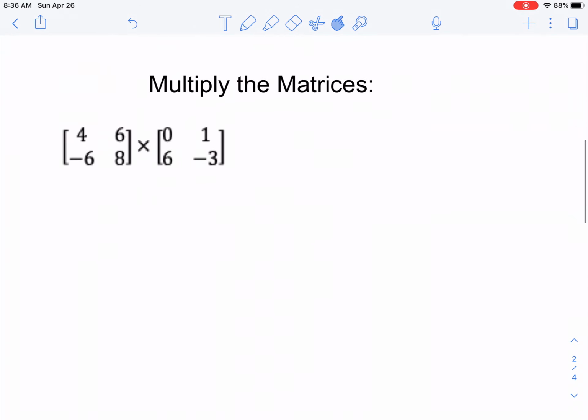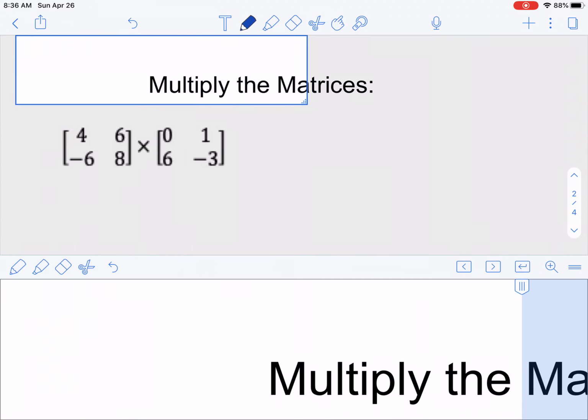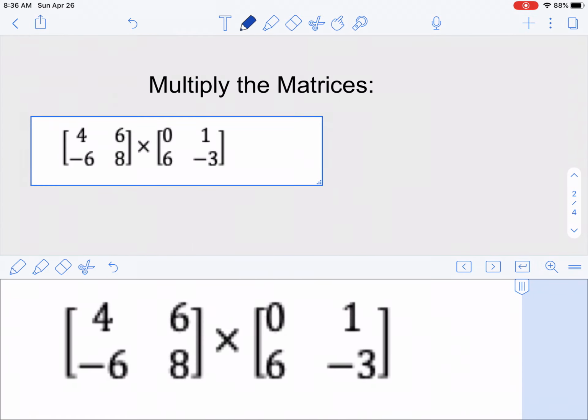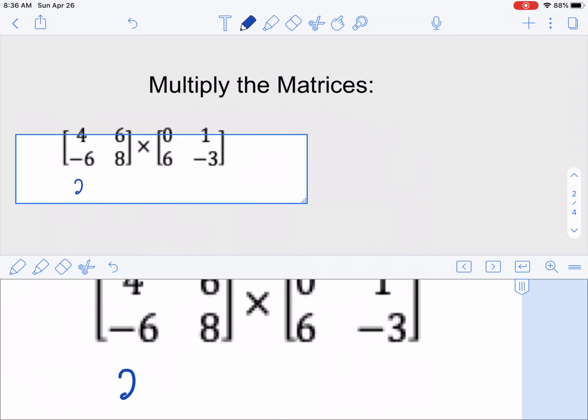Let's just take a 2 by 2 times a 2 by 2, just like we were talking about. So it's a 2 by 2 and a 2 by 2.